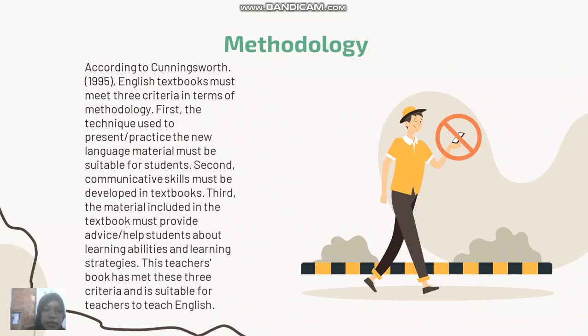The second is that communicative skills must be developed in textbooks. And the last is that the material included in the textbooks must help students with learning abilities and learning strategies. This teacher's book has met these three criteria and is suitable for teachers to teach English.